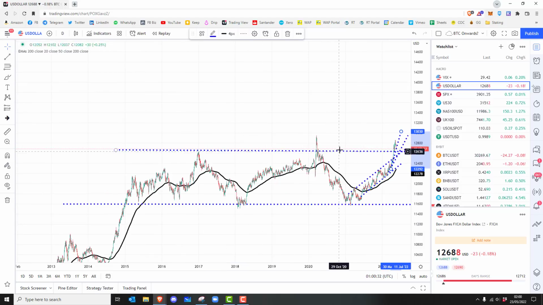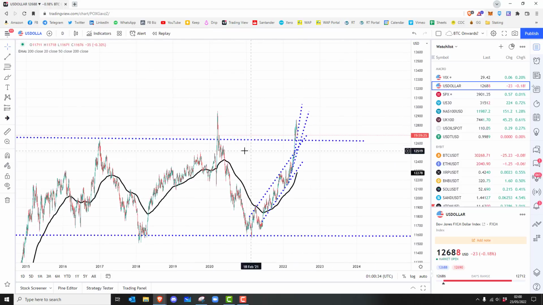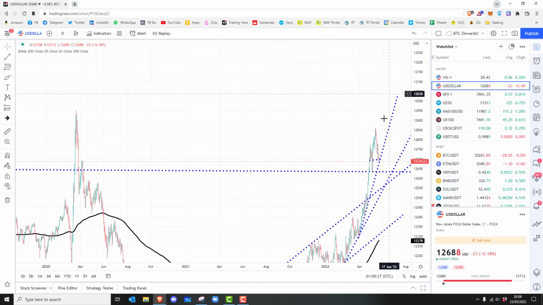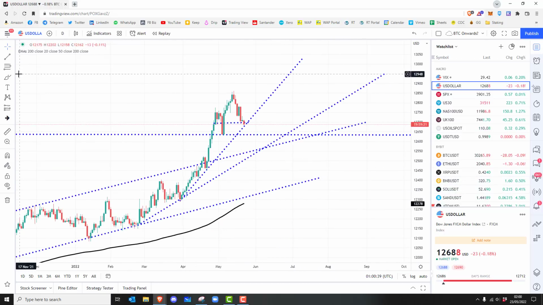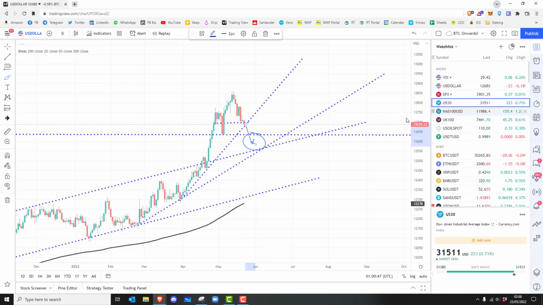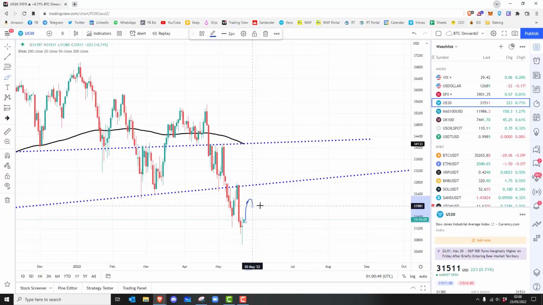Yeah, so this is a rough range that I was eyeing up a while back. But long story short, I think it's fair to say that we could have the dollar falling back into this little hole over here. And if that happens, stocks are likely to have a bit of a relief rally.